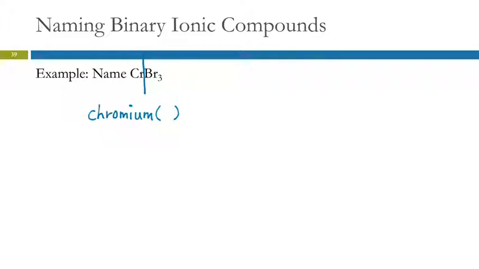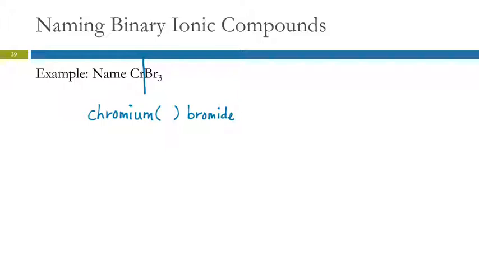So what would bromine change its name to? Bromide. They all change the ending of their name to the same thing. So chromium, blank, bromide.